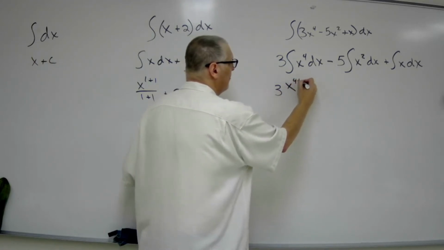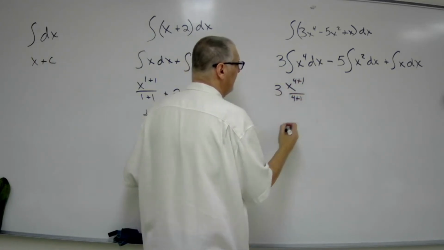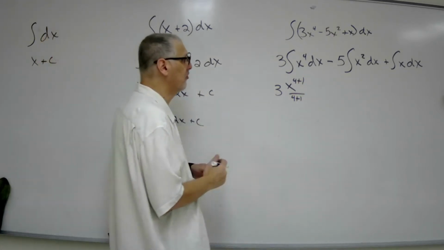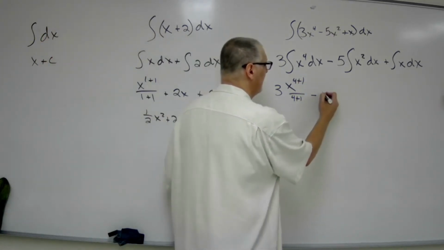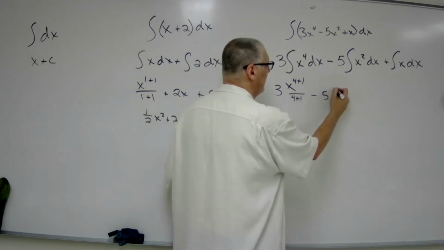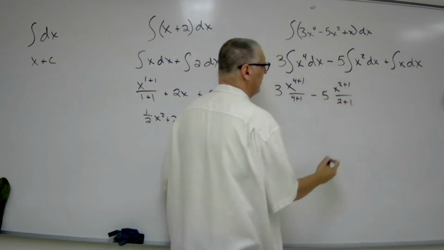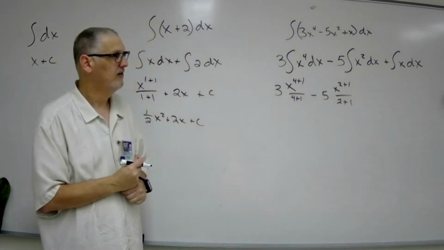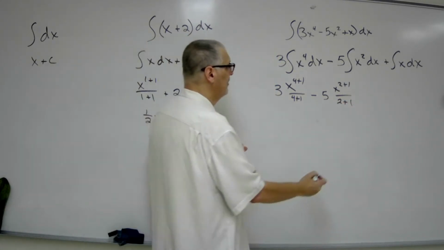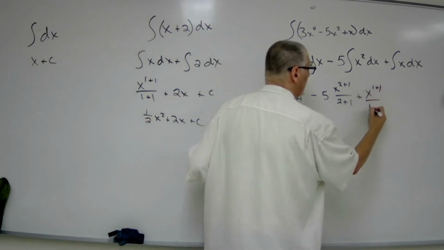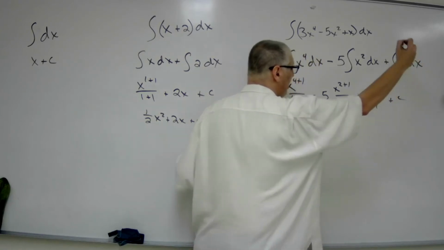X to the 4th plus 1 over 4 plus 1. Yeah? And then I'm just going to the next one. Minus 5 x squared plus 1 over 2 plus 1. Plus x to the 1 plus 1 over 1 plus 1, plus c.